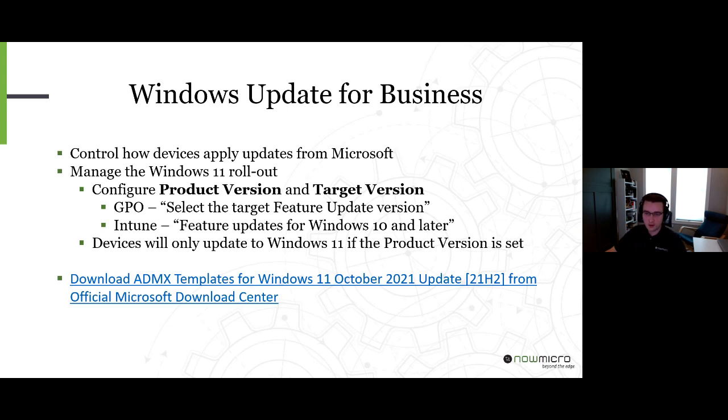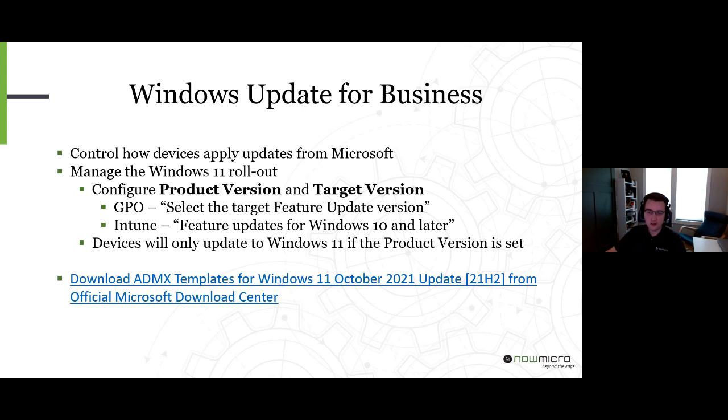If you have devices that are using Windows Update for Business to get updates directly from Microsoft, then there are a few changes you should be aware of. Windows 11 will not automatically install on any Windows Update for Business managed device unless the target feature update version has been configured. The target feature update can be set using group policy.